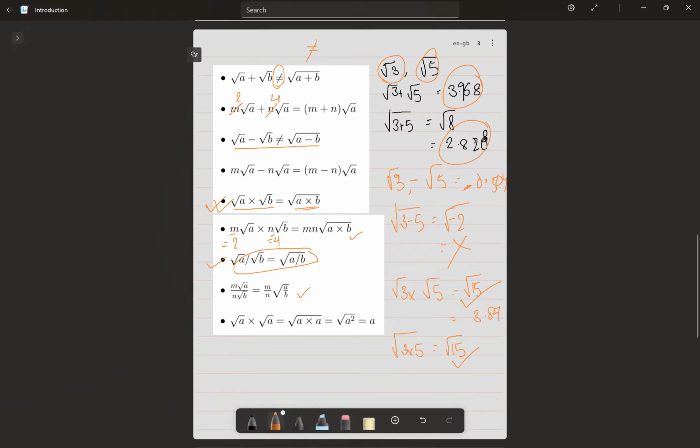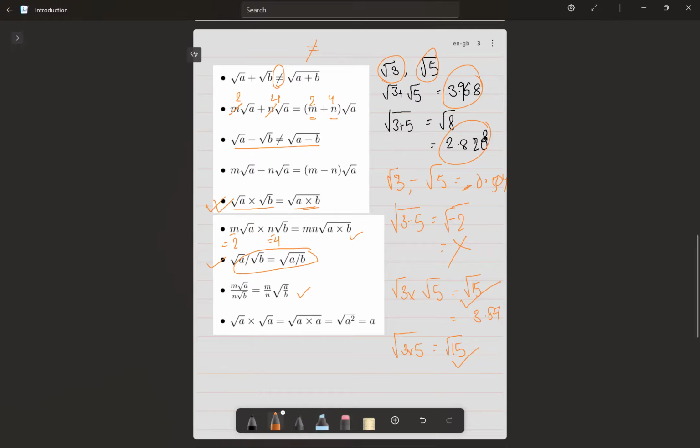It can also be thought of as having 2 pens and 4 pens. When you add them up, you have a total of 6 pens, right? And how did you find that out? You added 2 and 4 in here. We did the same thing in here. This is 2, this is 4. When we add this, we get 6 roots of a. In the same way, you can prove the subtraction one.